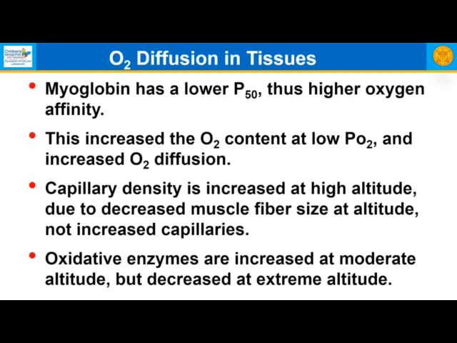So the capillary density in this case is not necessarily a positive adaptation. It's due to decreased fiber size. And oxidative enzymes are increased at moderate altitude, but actually decreased at extreme altitude. Myoglobin really facilitates the diffusion of oxygen from systemic capillaries into the mitochondria.